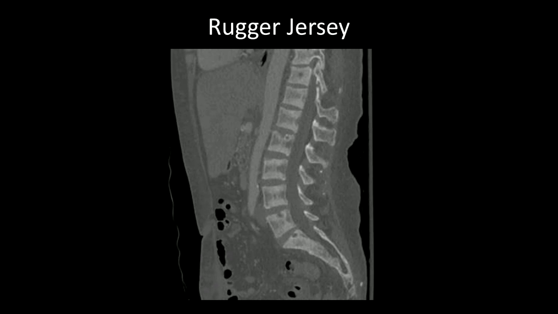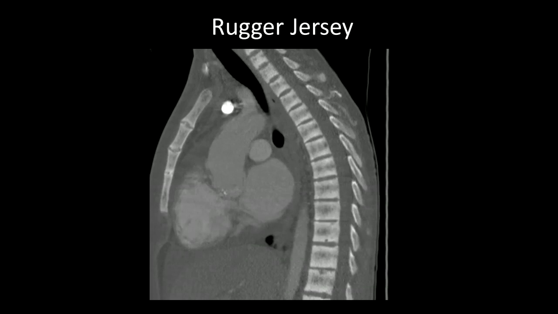So here it is shown on a sagittal CT of the lumbar spine. Notice the discovertebral junction erosions that I already showed earlier. But the reason I'm showing this case here is notice the band-like sclerosis that occurs at the superior and inferior margin of the vertebra, giving the so-called rugger jersey appearance. So we're having increased mineral in the bone rather than decreased.